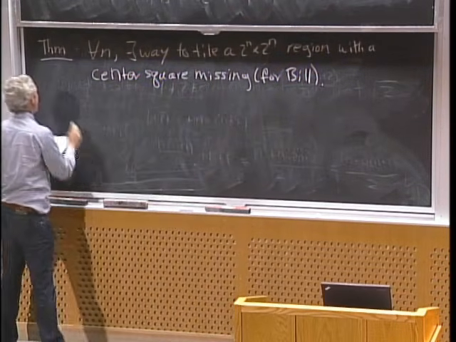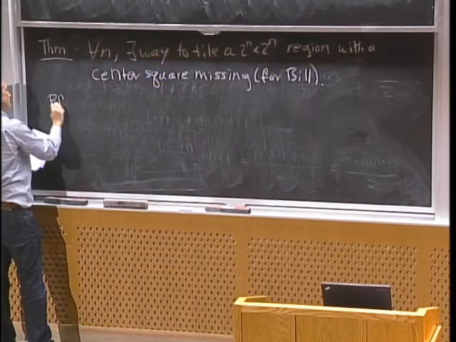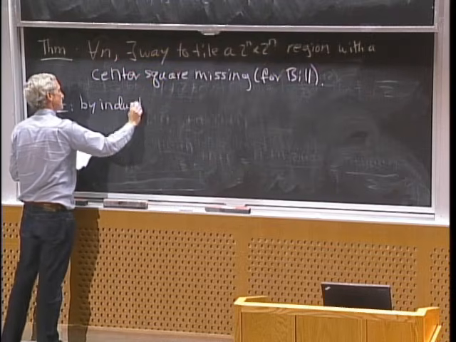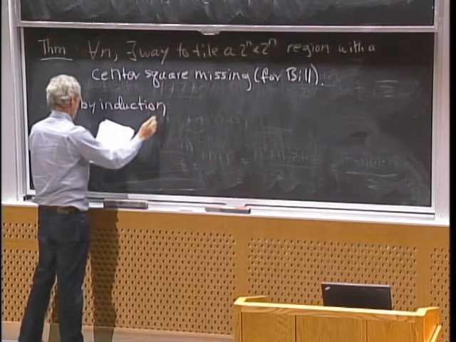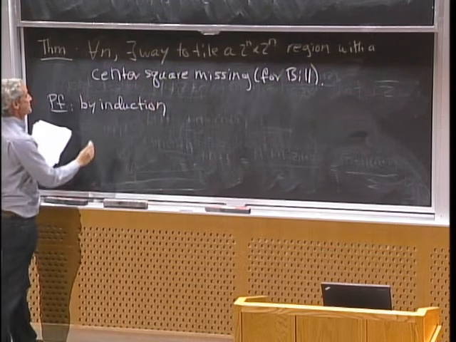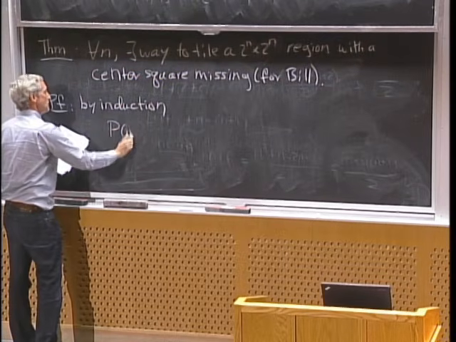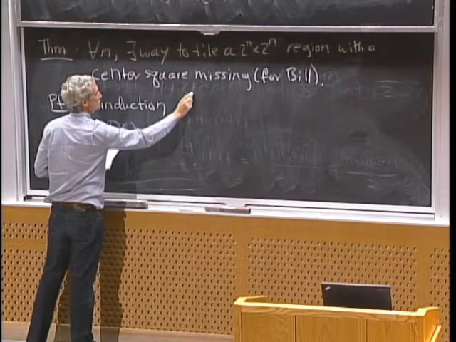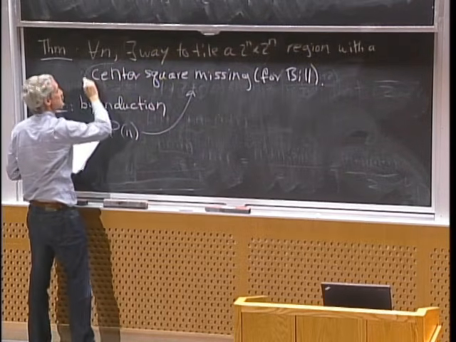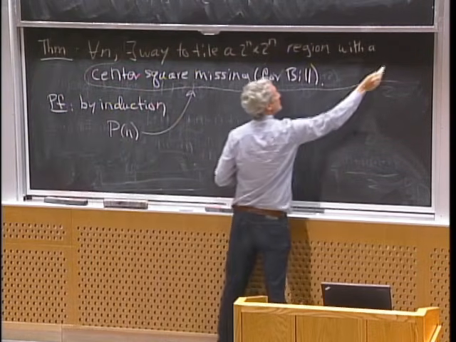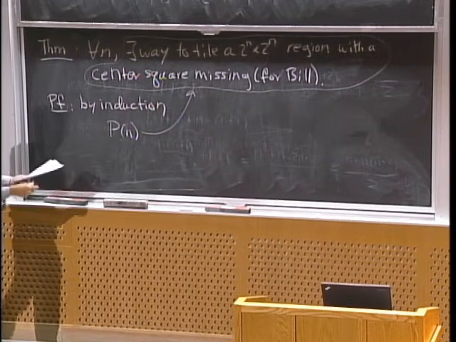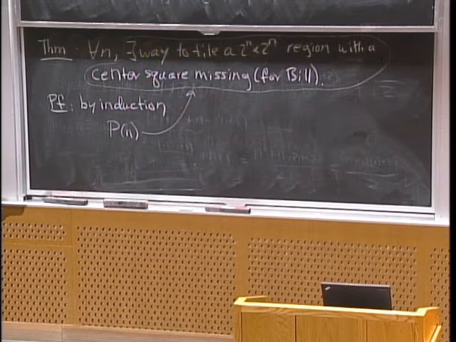And the proof will be by induction. Our induction hypothesis, the predicate Pn, is going to be what we're trying to prove. Almost always when you do induction, you want to start out with that as your hypothesis.